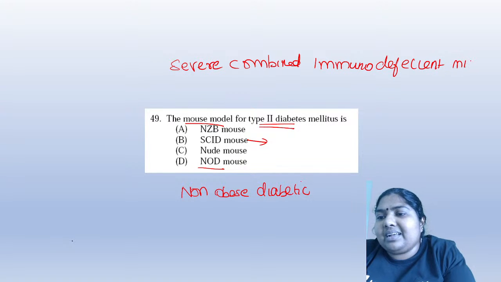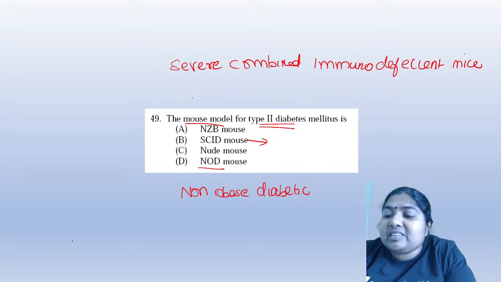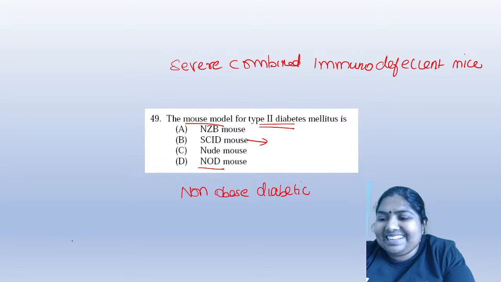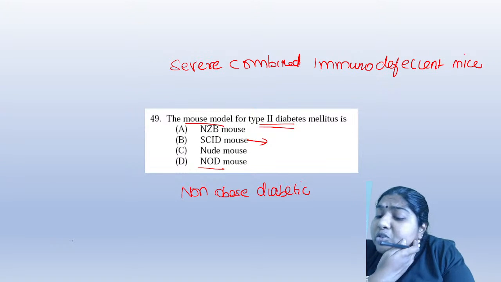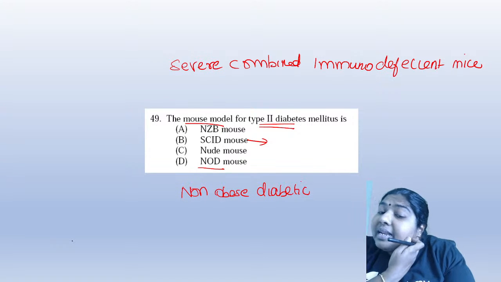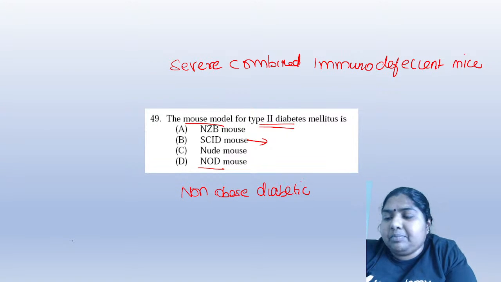If you know the acronym, then it is halfway done. Yes, so this is especially for when you take the human cells and you develop these lymphoid organs and then you put them inside this immunodeficient mice, right? So that is all for this immunodeficiency. Okay, right. So that is going to be the SCID mice.